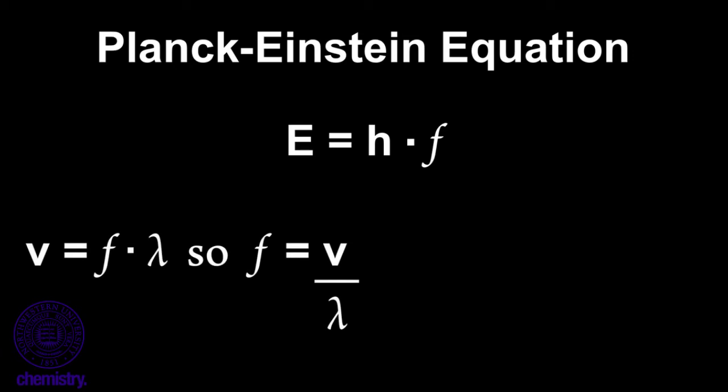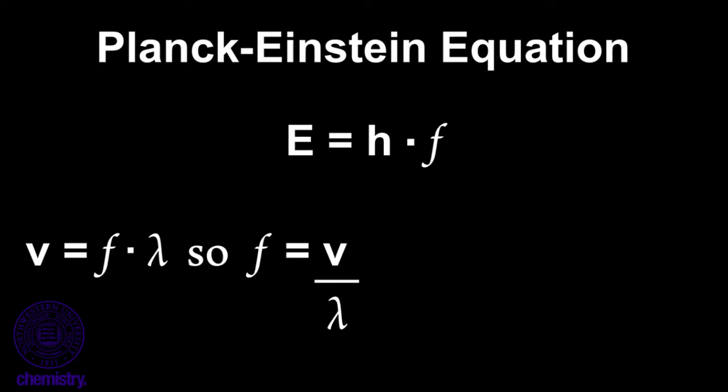We also know that the speed of light, which remember is a constant in a vacuum, is equal to the frequency times the wavelength. That's shown on the bottom left here. If we rearrange that equation to solve for frequency, frequency is equal to the speed of light, or v for velocity, divided by the wavelength.